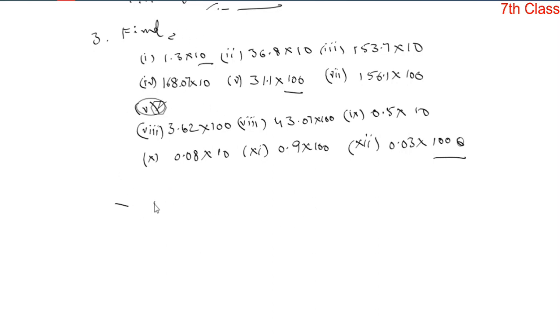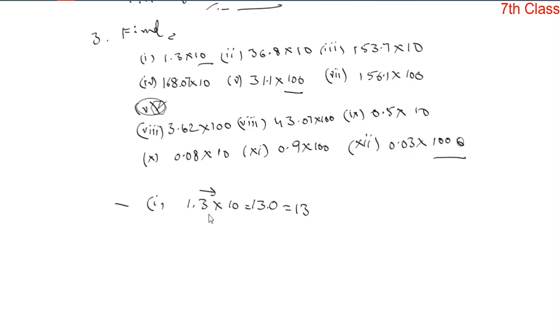For example, take the first one, 1.3 into 10. How many zeros are there? Only 1 zero. So you should shift the decimal point towards the right. How many places? 1 place. Therefore, 13.0, or we can write it as 13.